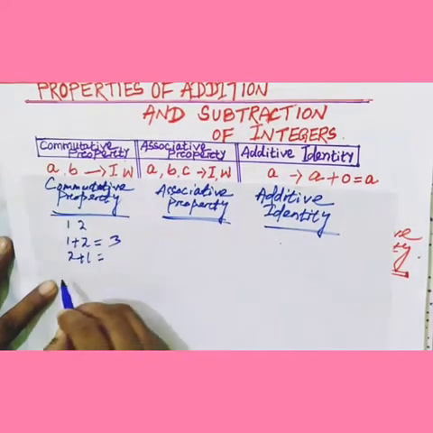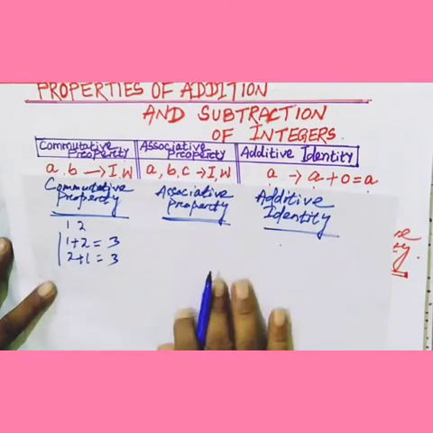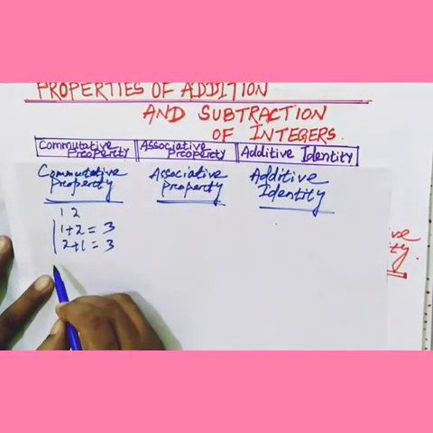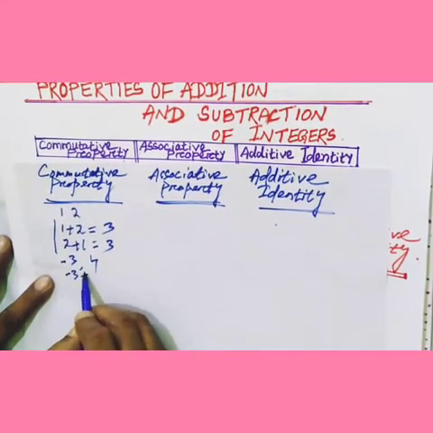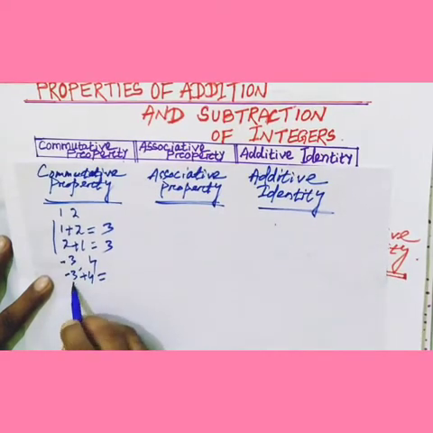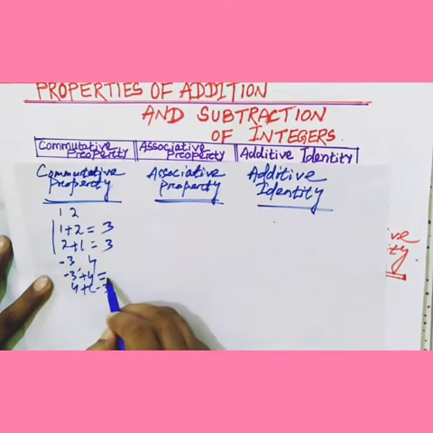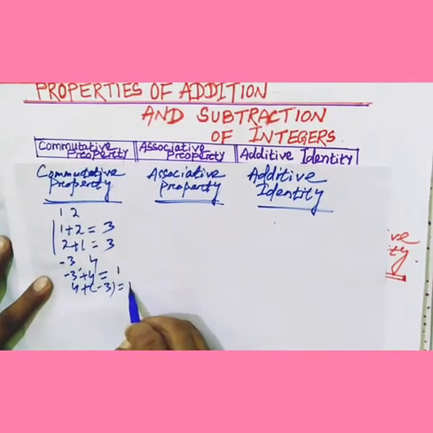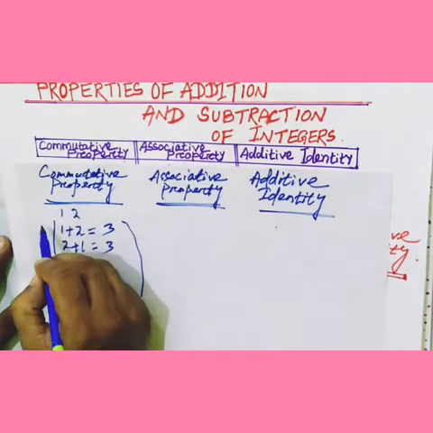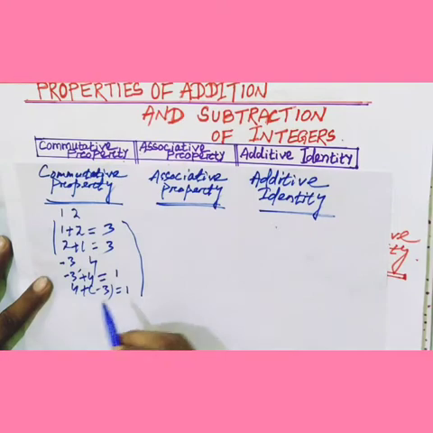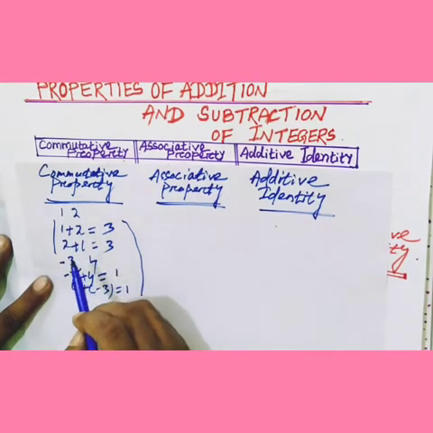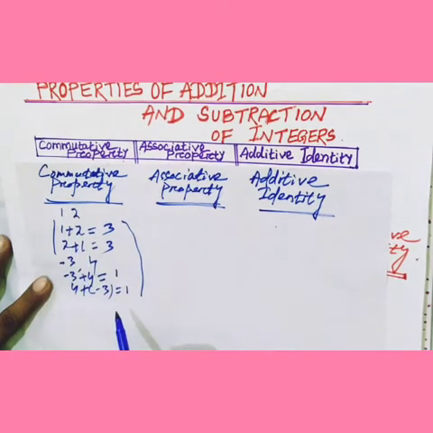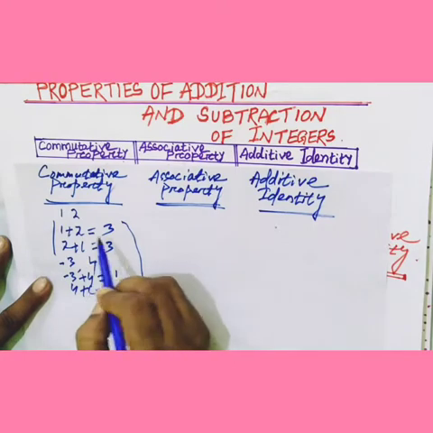Here 1 plus 2 is 3, and 2 plus 1 is 3. Then another example: minus 3 plus 4 is 1, and 4 plus minus 3, that is 4 minus 3, equals 1. From these examples we conclude that if we take two integers or whole numbers and add them in any order, the sum will be the same.